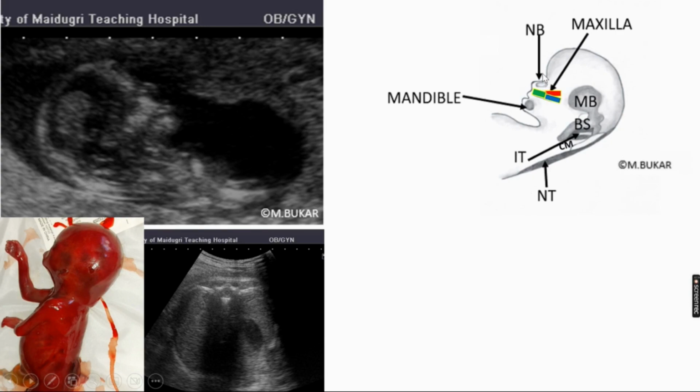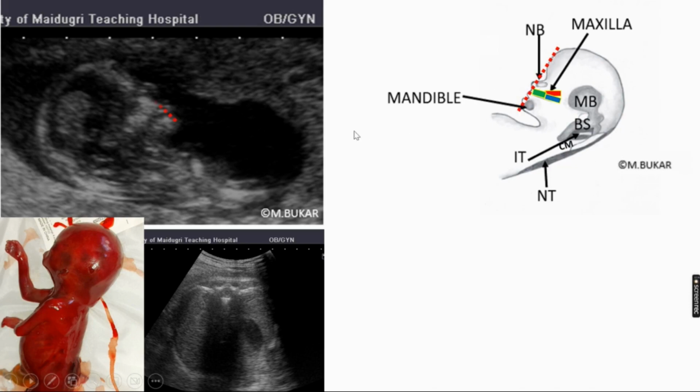Now if we draw a line that crosses the tip of these bones, the nasal bone, the premaxilla, and the mandible, you have what is called the frontal space distance. In normal situations, this is what you have.